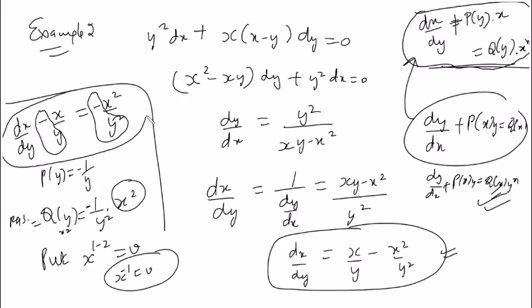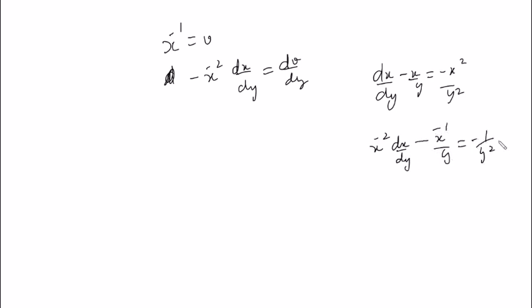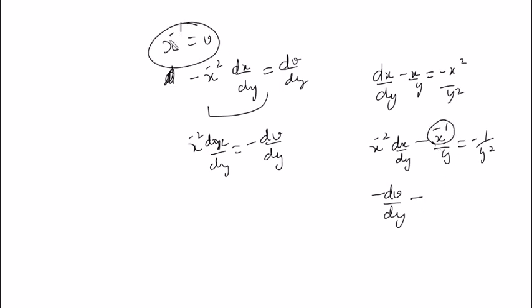I'll divide with x square on both the sides, or you can divide with minus x square, anyways this minus we can adjust. So x raised to power minus 2 dx by dy will be minus dv by dy. So this is minus dv by dy, and this one is v by y minus 1 by y square.